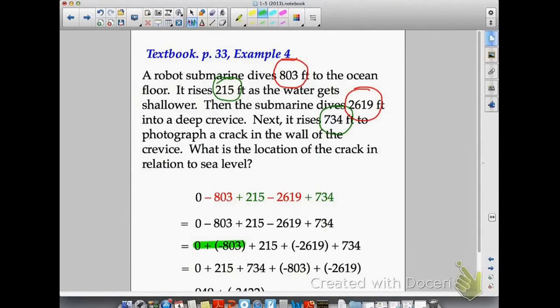Wilson, what property am I using? Sam? You're using the commutative? Commutative property. All right? What does the commutative property state?